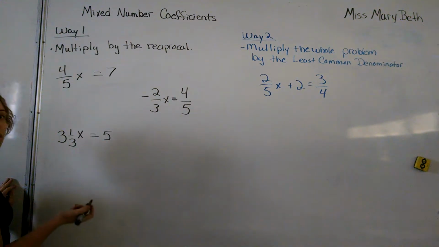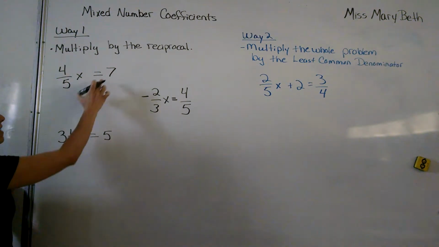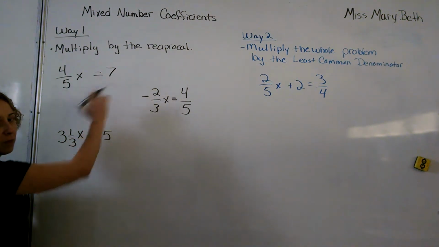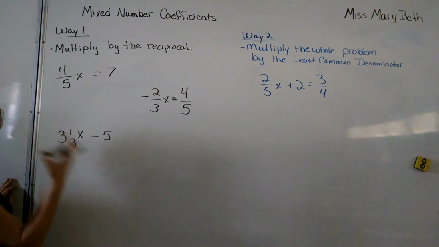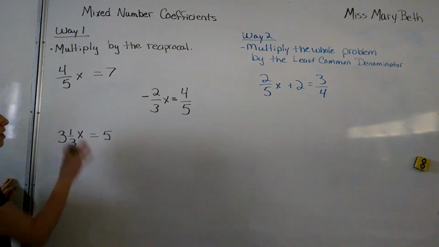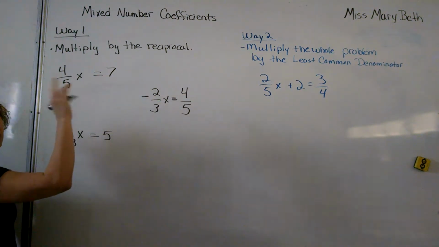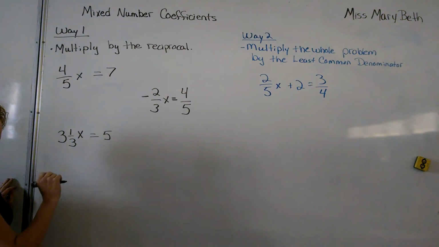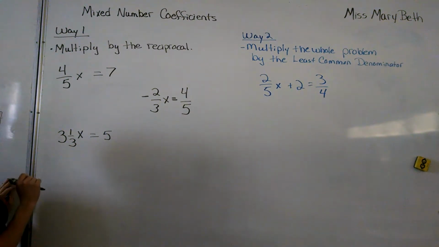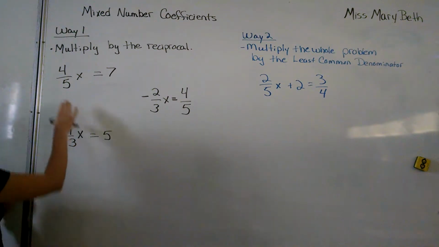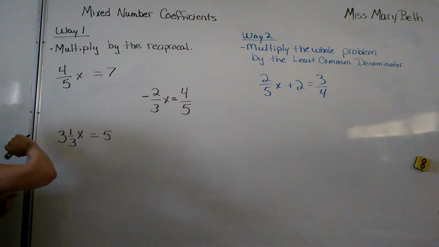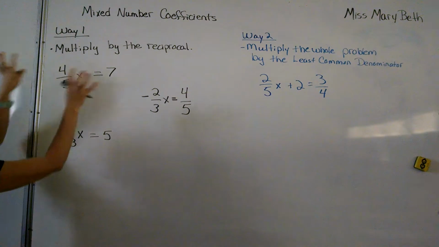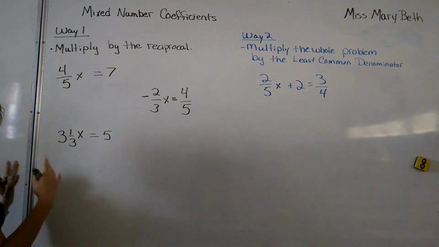To solve a division problem with fractions, 7 divided by 4/5, I would need to change to multiplication and take the reciprocal. I can save myself a step by multiplying by the reciprocal on both sides. So if I don't want to divide both sides by 4/5, I can multiply both sides by the reciprocal. Here's what that looks like.